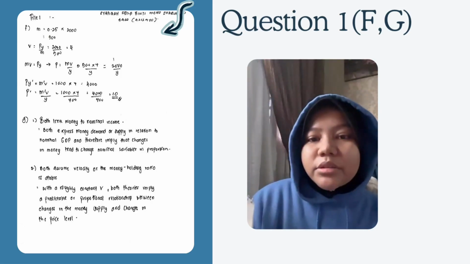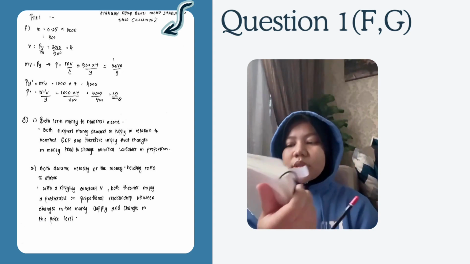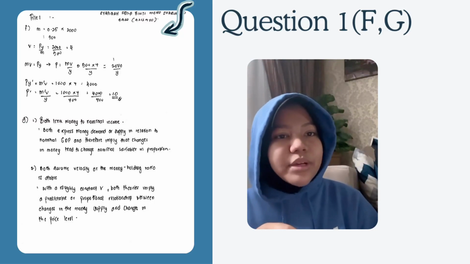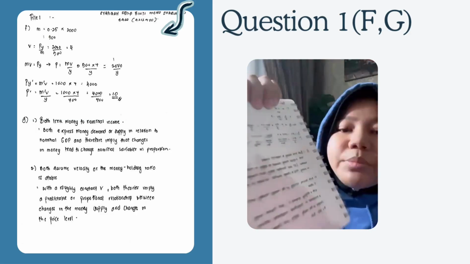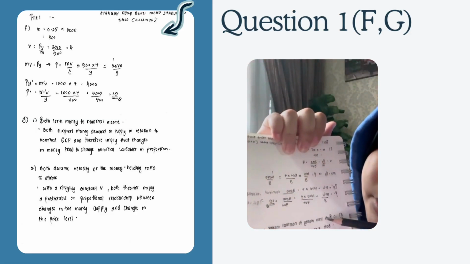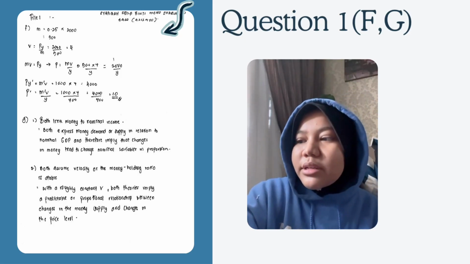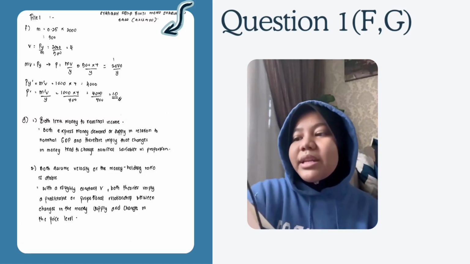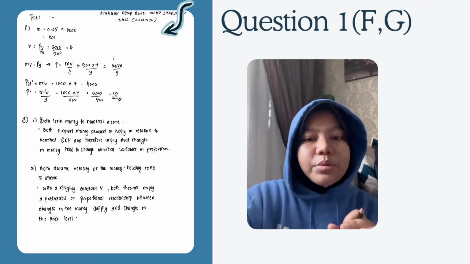Okay, so next I will explain question G. Similarities between Fisher and Cambridge approaches. First, both link money to nominal income, so both express money demand or supply in relation to nominal GDP and therefore imply that changes in money tend to change nominal variables in proportion.